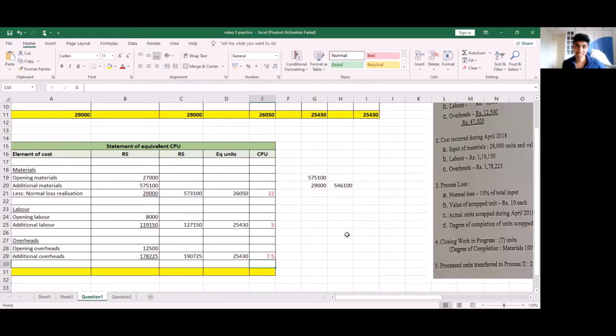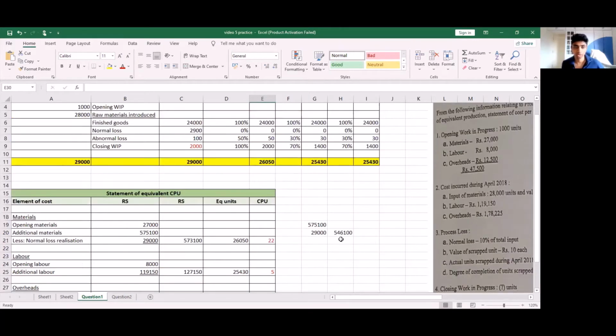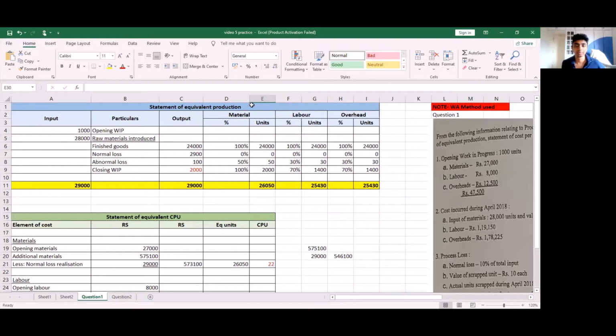So again, emphasizing the difference between FIFO method and weighted average method so far. In our statement of equivalent production, we will not write opening work in progress in our output column and only in our input column. And for finished goods, we will write the entire amount which is being transferred to the next process. We will not subtract opening work in progress because this is included here in 24,000.